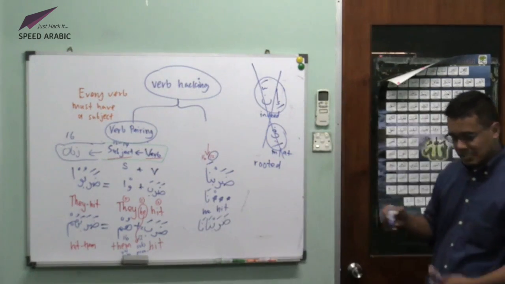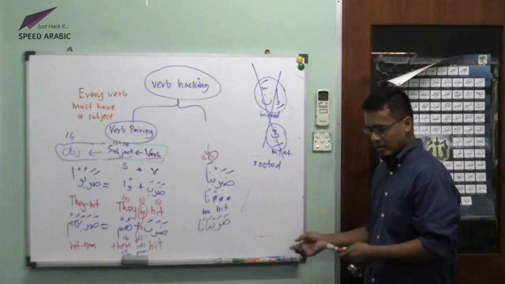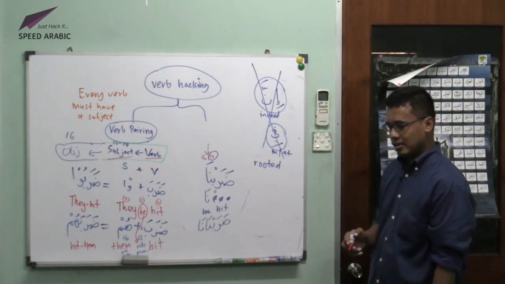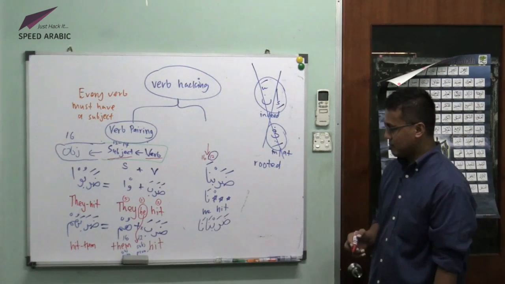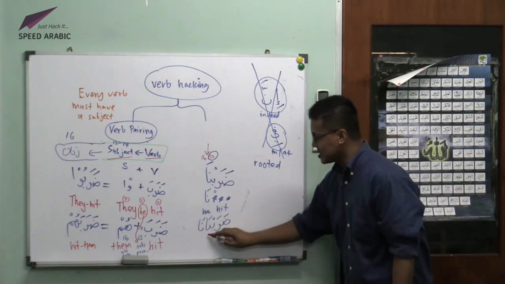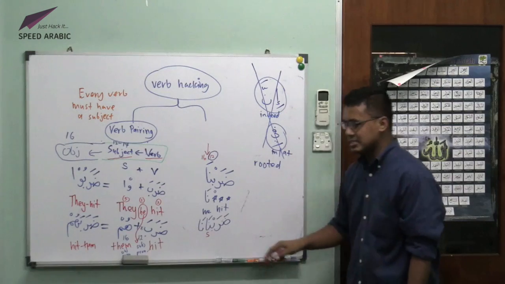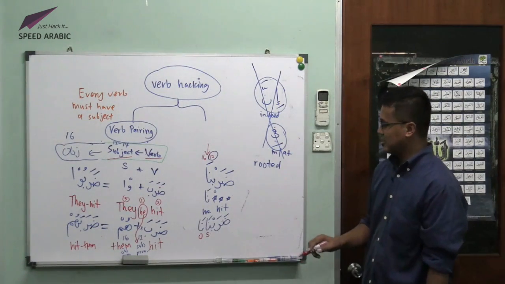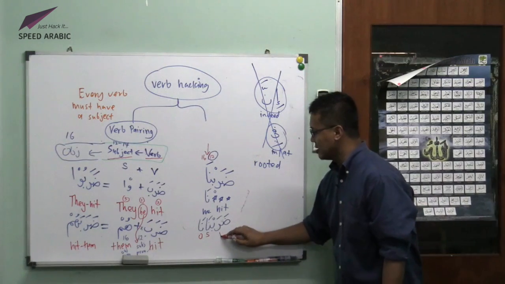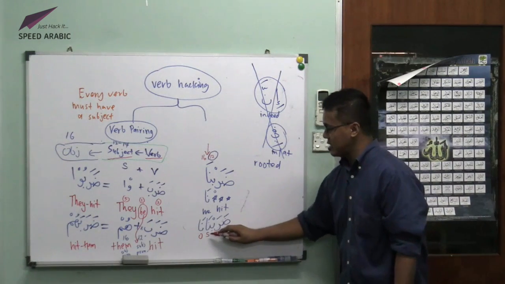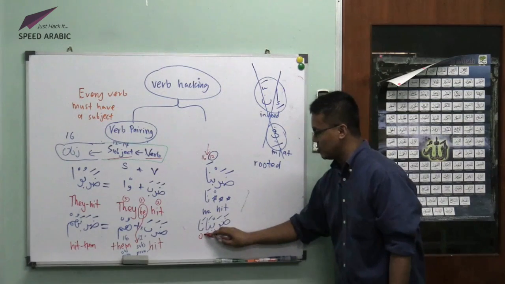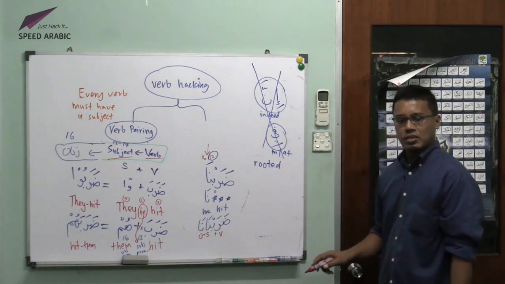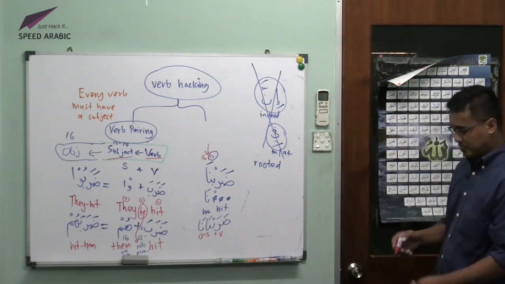So where is the subject? The first na. The second na is the object. The verb is daraba. See that? V S O. V S O.